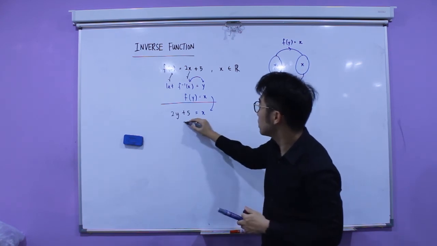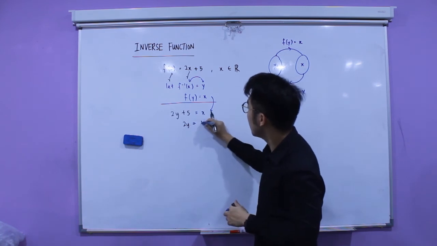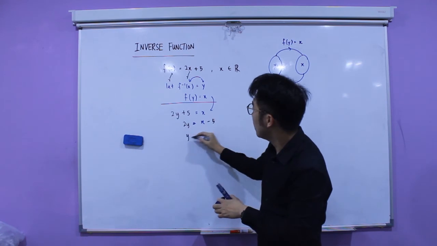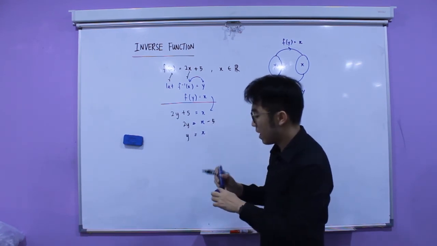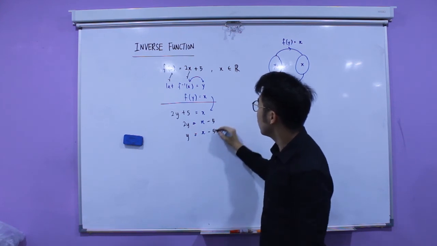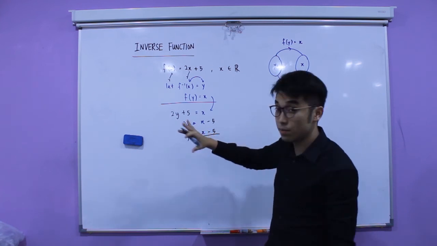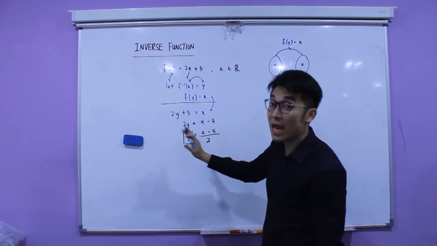Of course I understand that 2y equals x minus 5, so y equals (x minus 5) over 2. And if you notice, the whole equation is made in a way to have y as the subject.